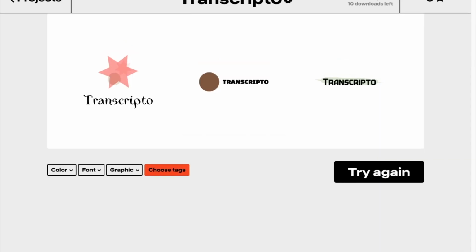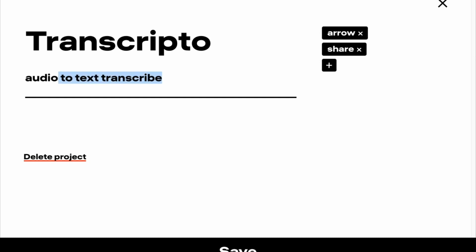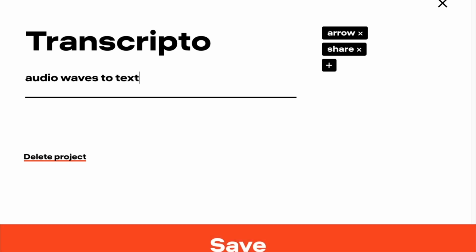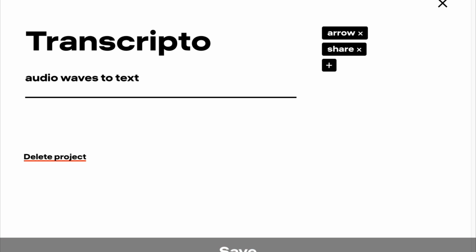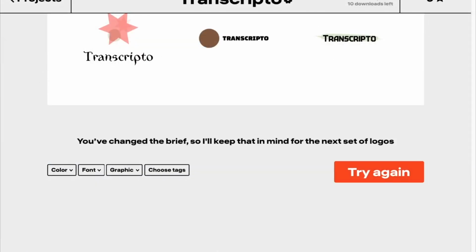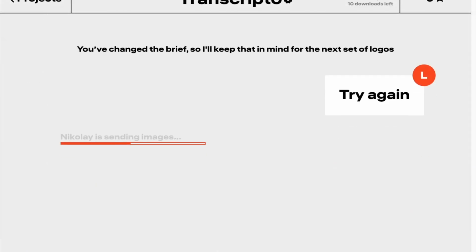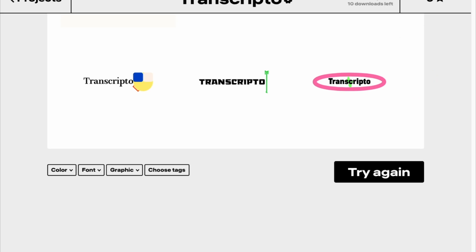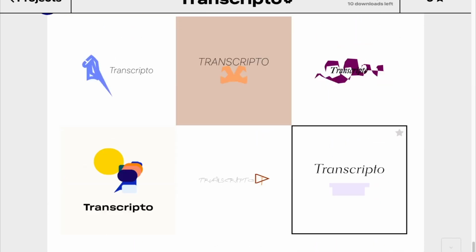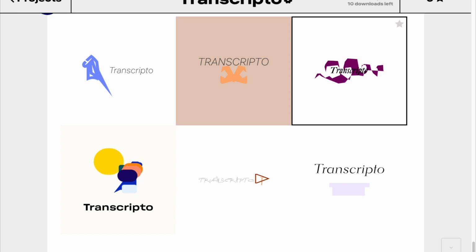Having the thought in my head, I came to the idea of sound waves and waveforms, which I decided to feed to the AI, hoping that it would be able to pick up something for me. So let's see. I see something that looks like a wave.